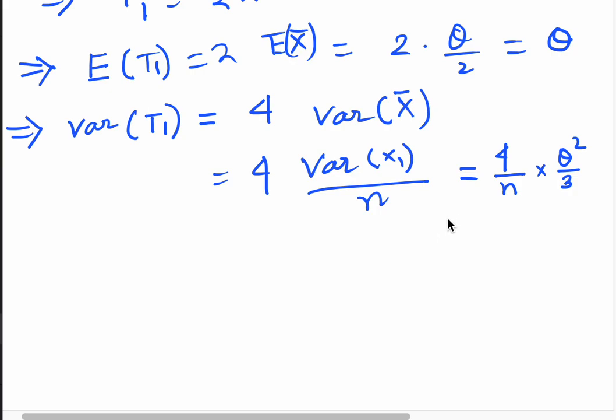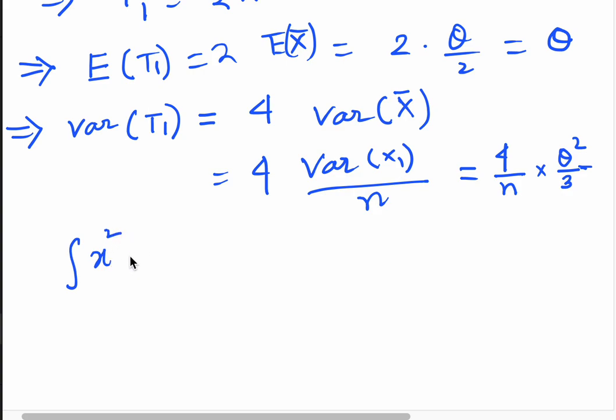Let me check whether I'm right or wrong. Let me calculate the variance.